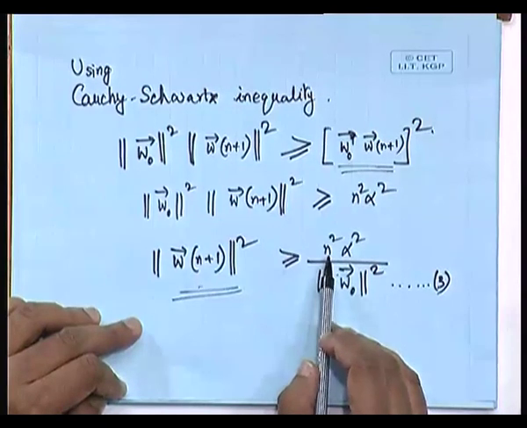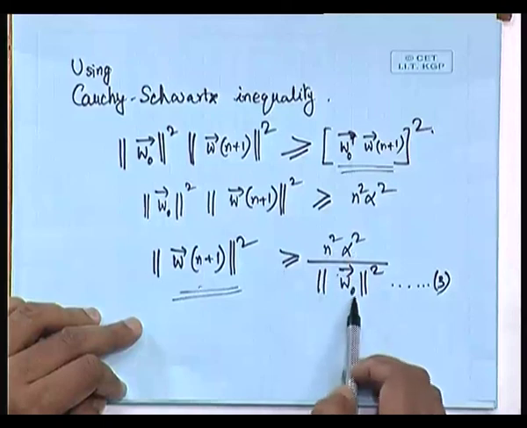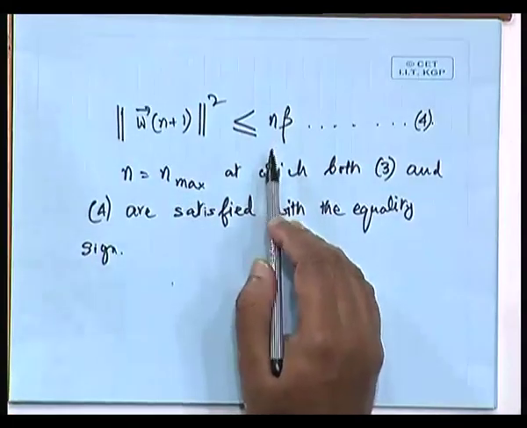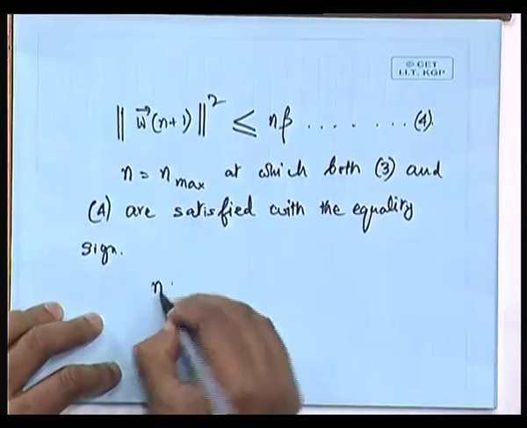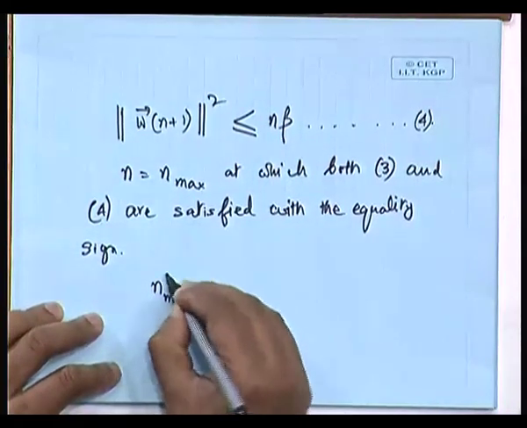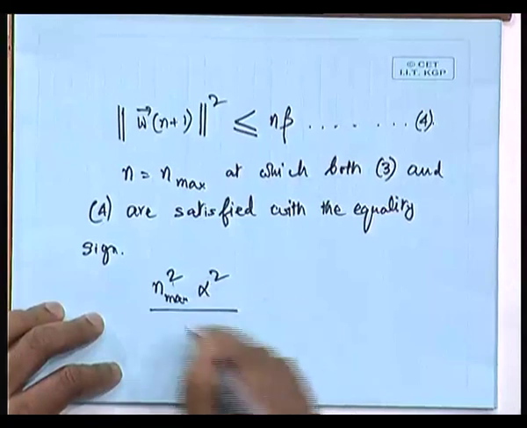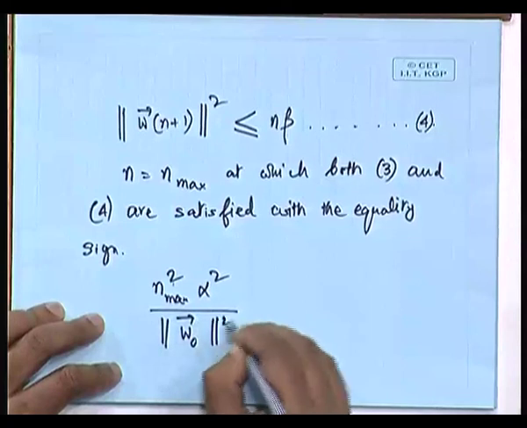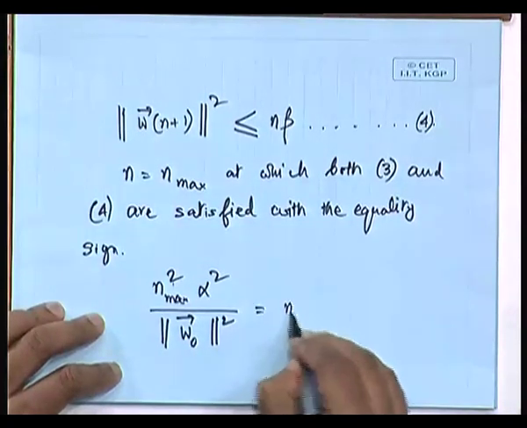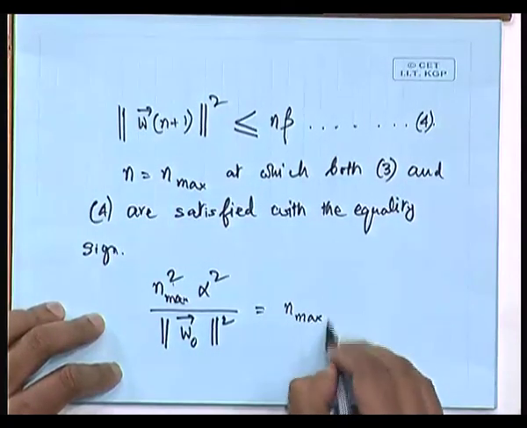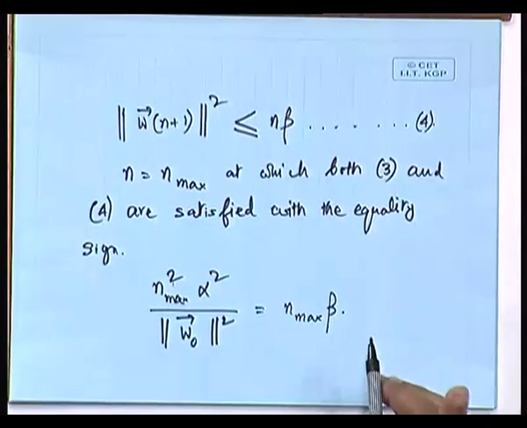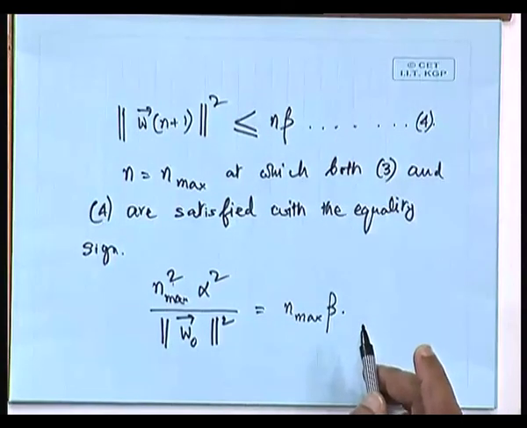This leads to n max square alpha square by W 0 square, and that should be equal to n max times beta, if we satisfy both 3 and 4 at n equal to n max with the equality sign.